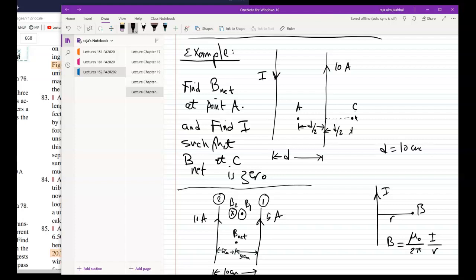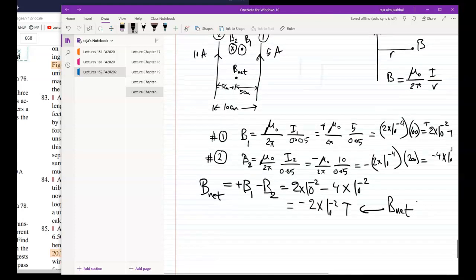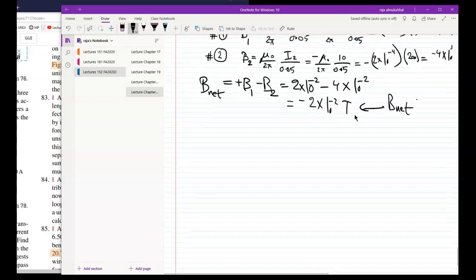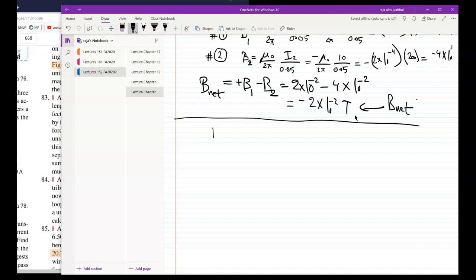Okay, let me redraw that again and use the right-hand rule for it. So what I have is the following. Here are my 2 wires. Here is point C right here. Okay, and this is 10 amp right here.